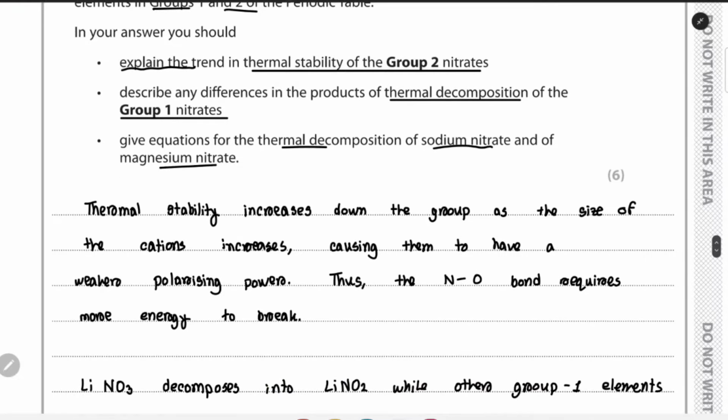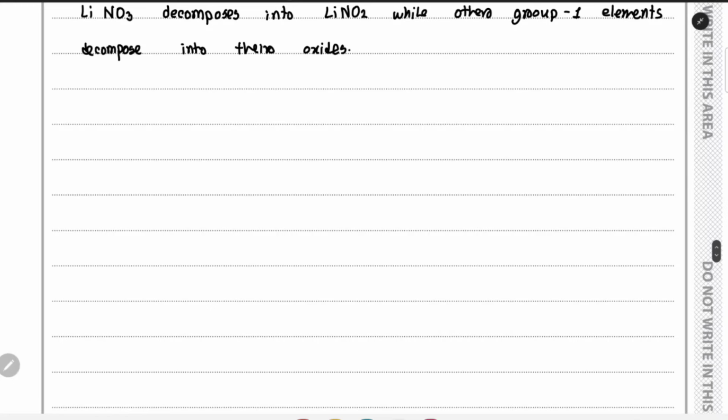And now we have to give the equations for the decomposition of sodium nitrate and magnesium nitrate. For sodium nitrate, it will break down into NaNO2 and O2. To balance this equation, I have to put a half over here. And now for magnesium, this will be Mg(NO3)2.